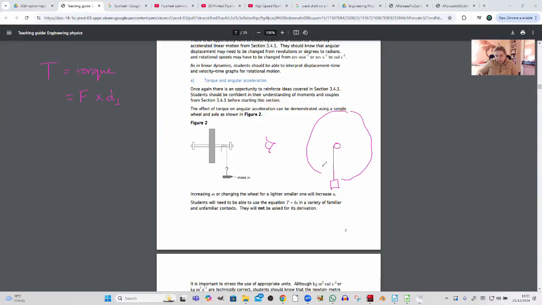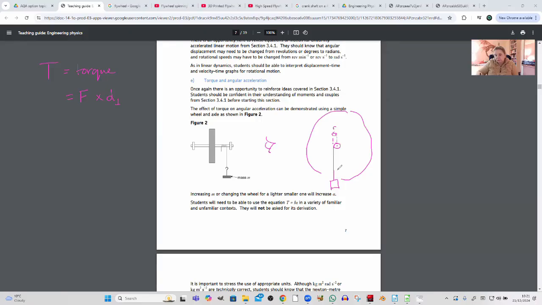The torque that the mass is applying is going to be the distance between the center of rotation and where it's applying. If we draw our dotted lines up like that, that distance there is R.